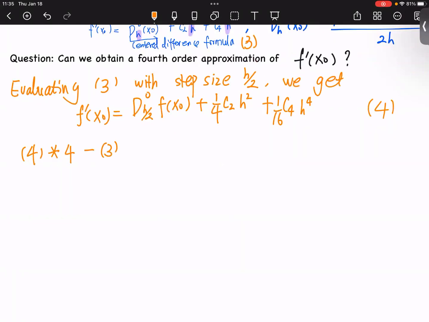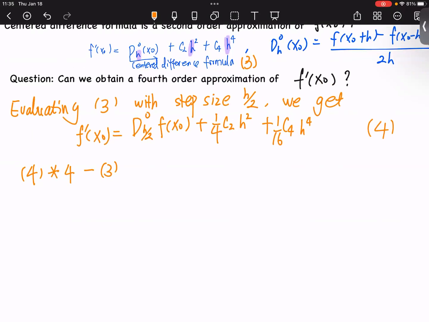The calculation is the following. We have 4f'(x0) on the left-hand side, and then subtract f'(x0) from formula 3. On the right-hand side, we got 4 times the formula with the half step size h, minus the terms from formula 3, which is with the step size h.